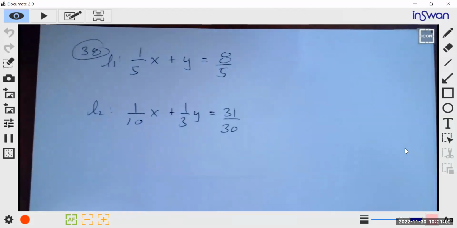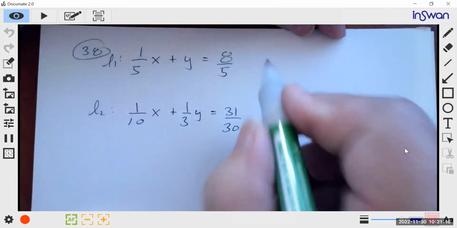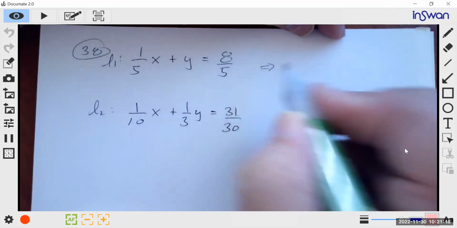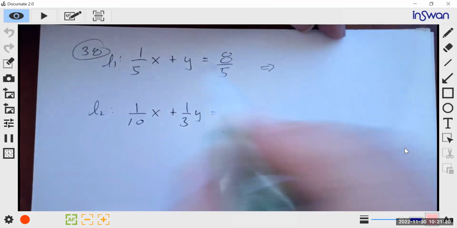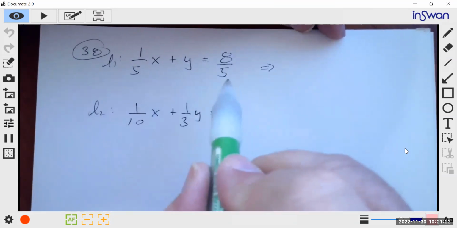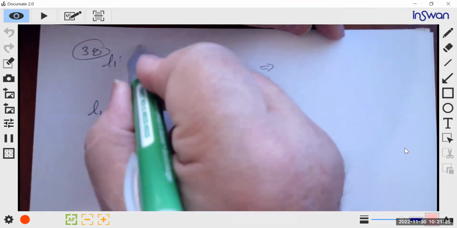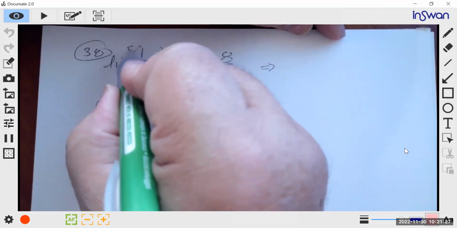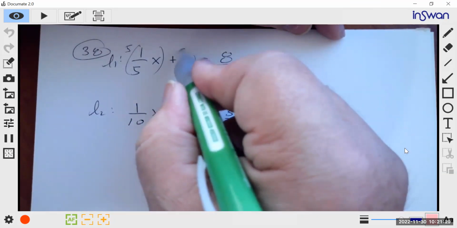All right, to begin with, let's get rid of the fractions. Let's rewrite the equations. So in the top one, the LCD is 5. So we multiply each term by 5.